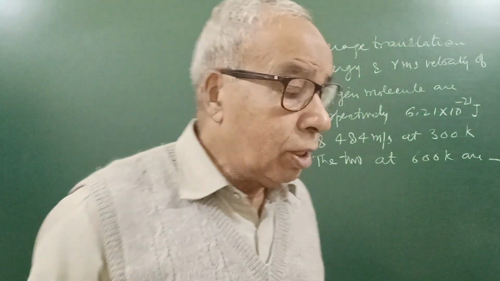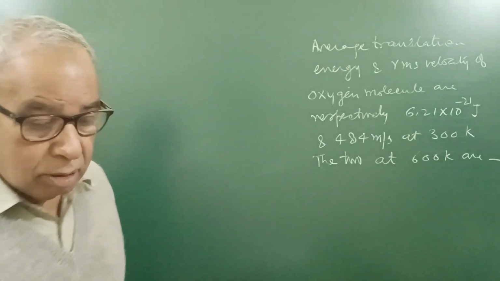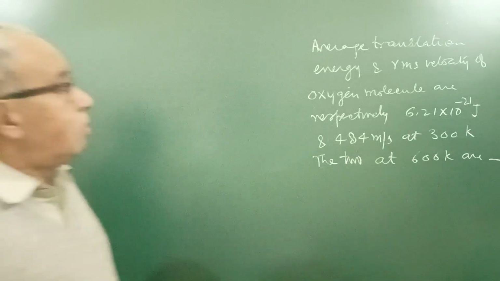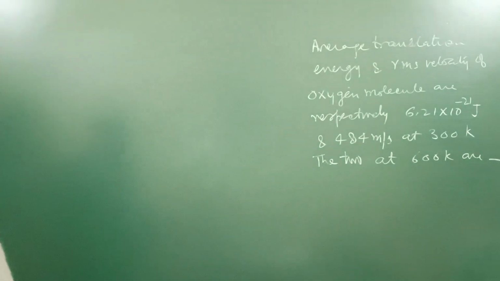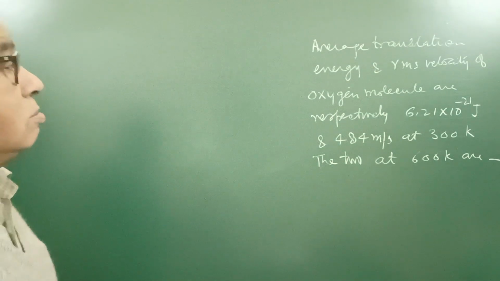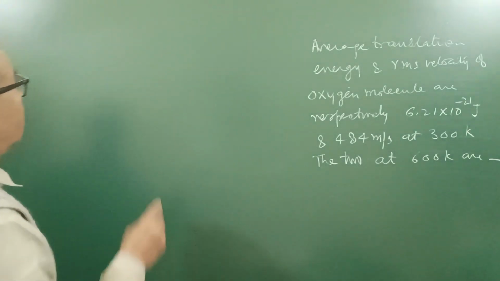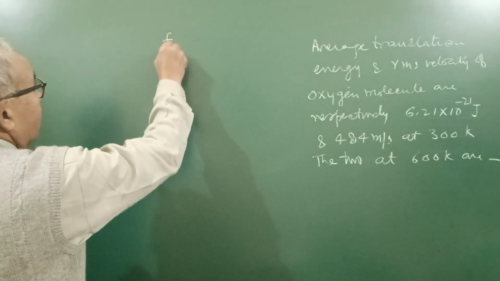So confusion starts rising. Actually, the book I have with me, I have learned whole physics, but there is something wrong here regarding this. The total energy possessed per molecule of any gas at any temperature is f by 2 kBT.